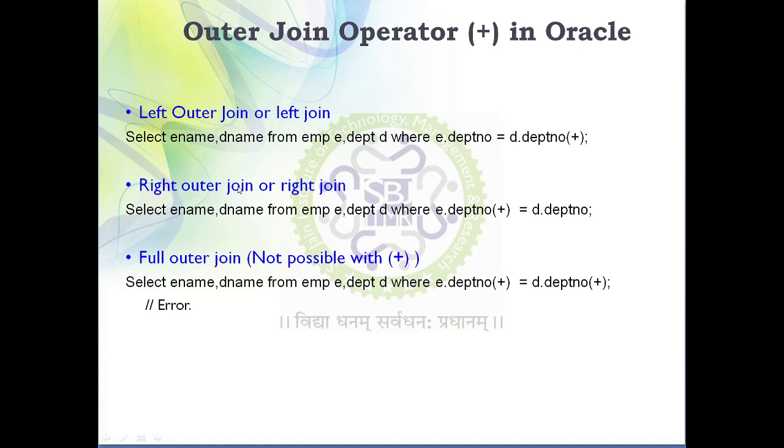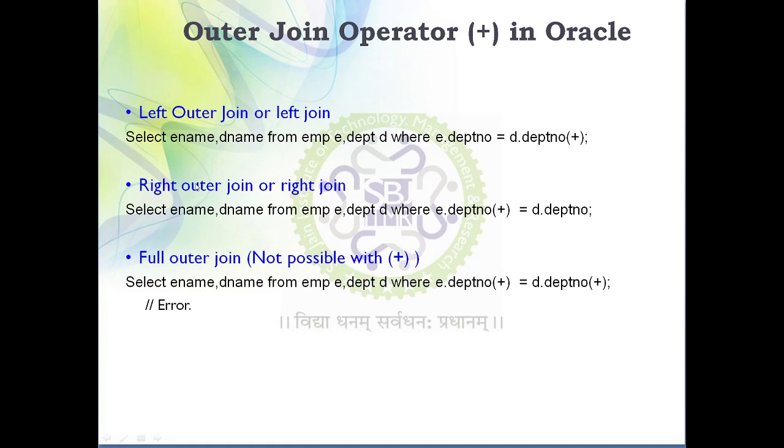In the same way, in case of a right outer join, I need to fetch data which is present in both tables plus data only present in the right hand side table. But here I am not specifying the operator on the right hand side, but on the left hand side.